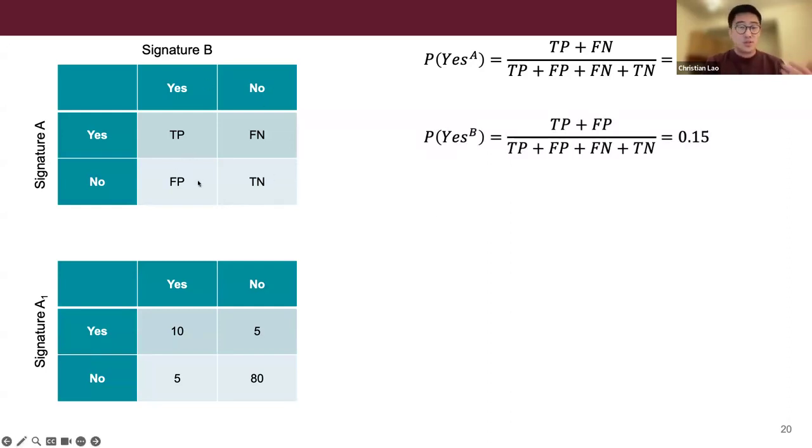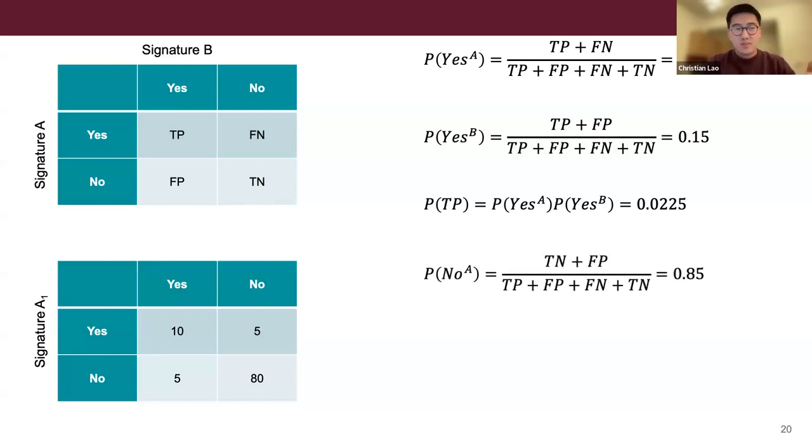That's just true positive plus false positive over the number of windows you have. In the case of our toy example, 0.15. And then you can get your probability of getting a true positive given these two probabilities of occurrence. So that's your probability of seeing a yes in signature A times the probability of saying a yes in signature B. And that's 0.0025 for this example.